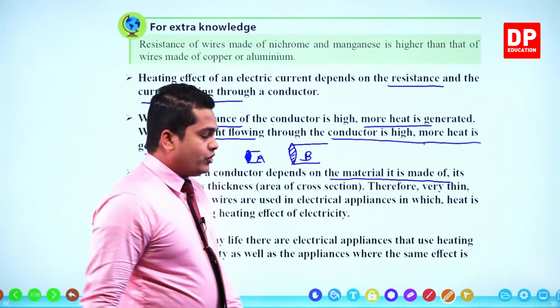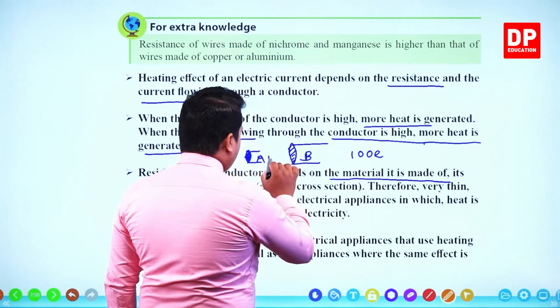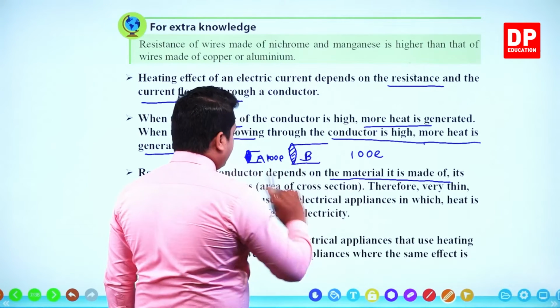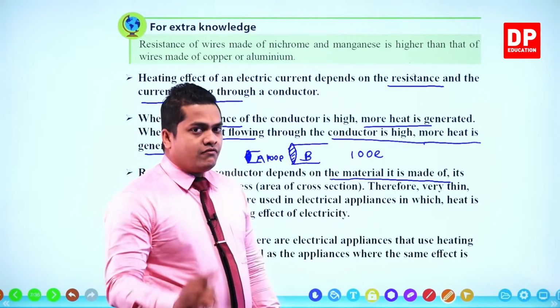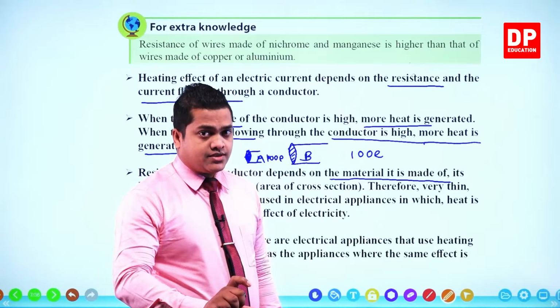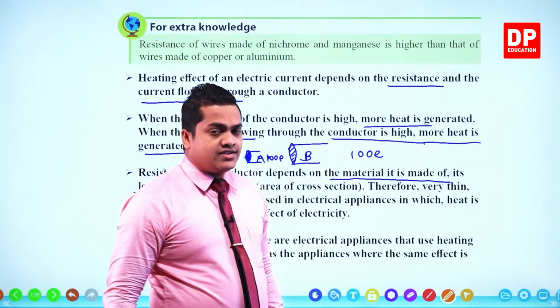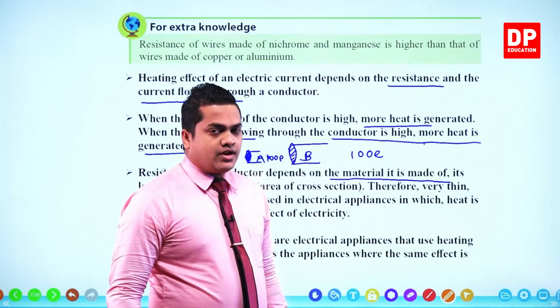So if I'm going to put 100 electrons to this side and 100 electrons to this side, from which conductor are the 100 electrons going to come very fast, without any trouble, without any hesitation, right?